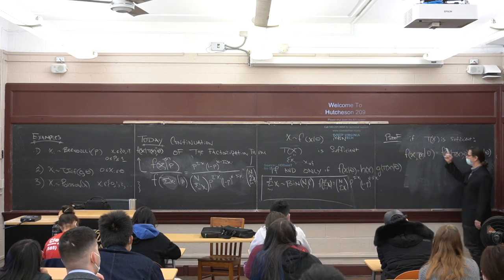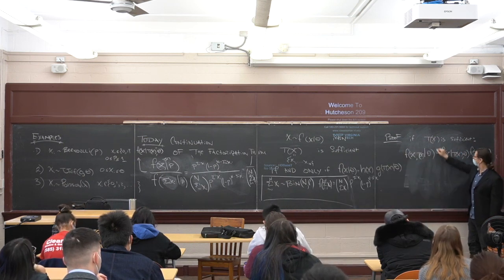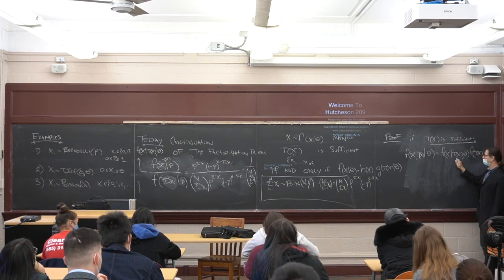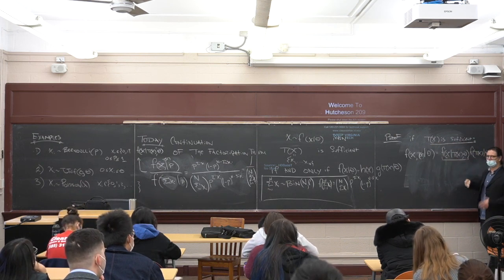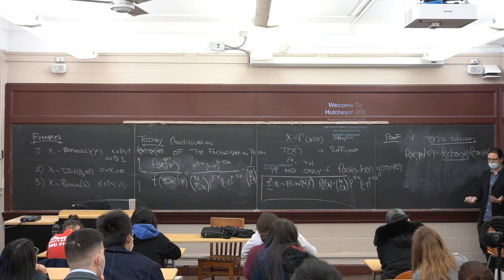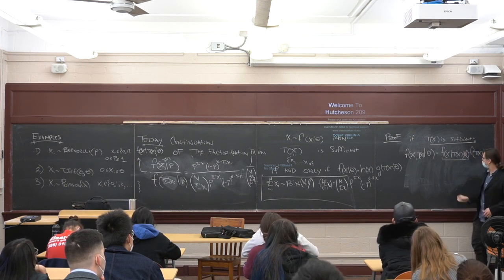And if T of x is sufficient, so here's where we're going to use this, then this is not a function of theta. All the thetas cancel out, and it's really that ratio. So those are gone.